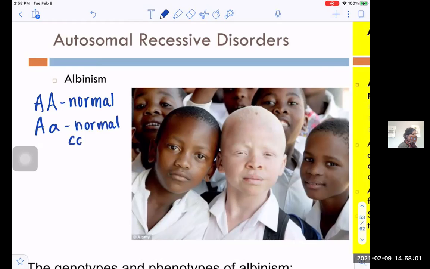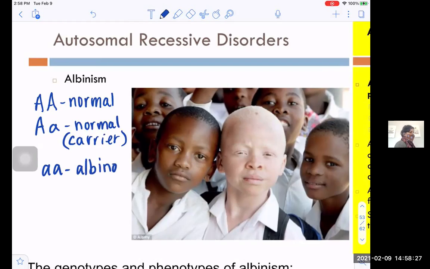However, we would call them a carrier. We call them a carrier because they're carrying that recessive allele, but they aren't showing the trait. They can pass it on to their offspring, but they're not showing the trait. And then the albino person's genotype is going to be little a, little a.